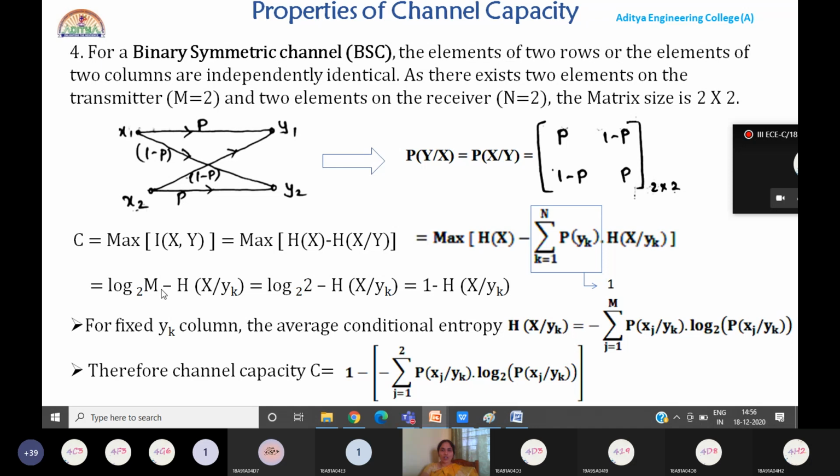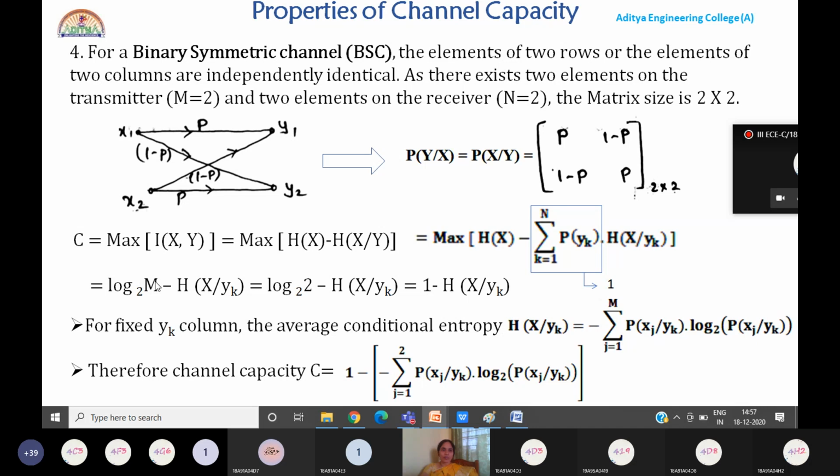So it is log m base 2 minus H(X/yk), that is log 2 base 2 minus H(X/yk). Why is m 2? Because this is a binary symmetric channel: 2 elements on the transmitter and 2 elements on the receiver.